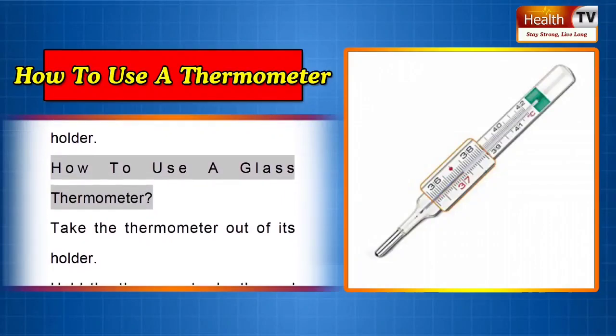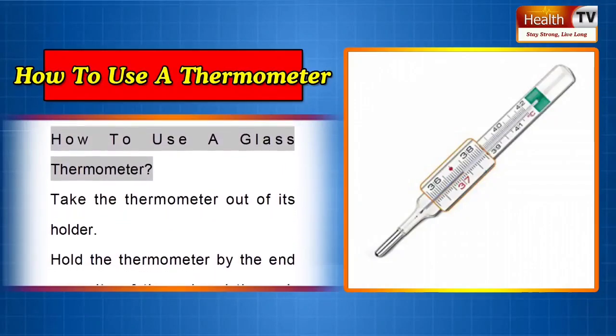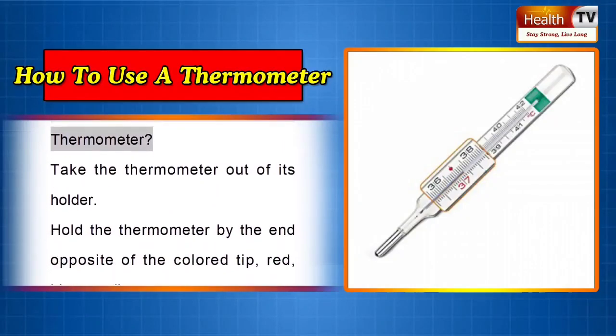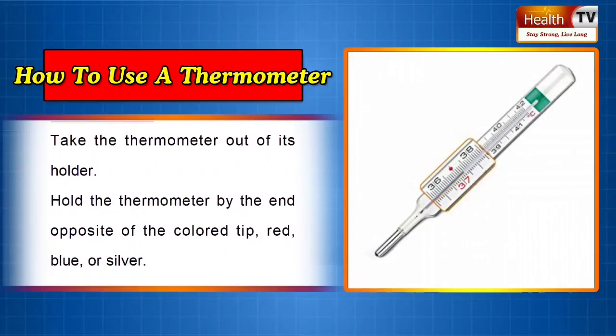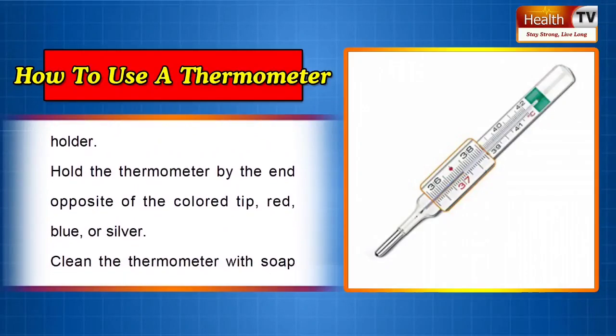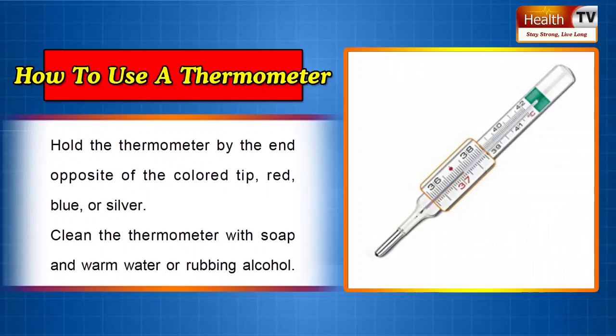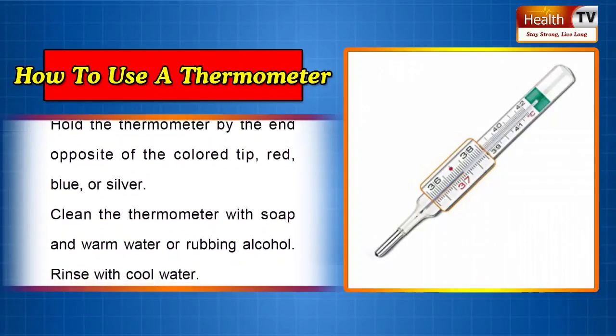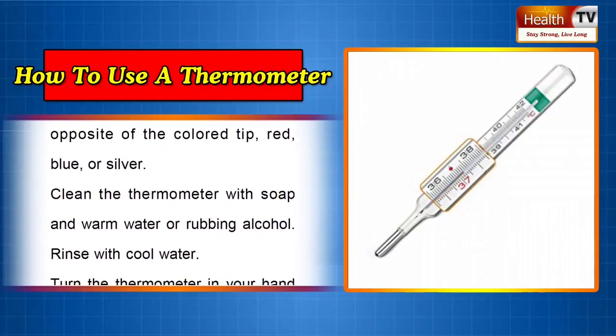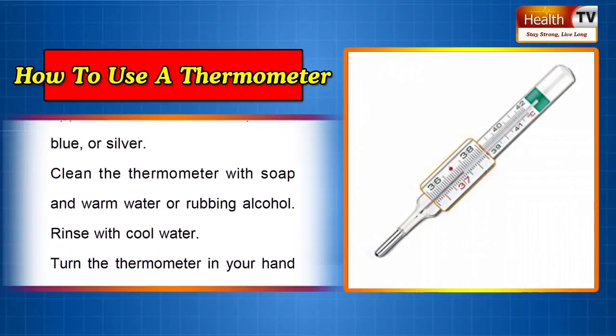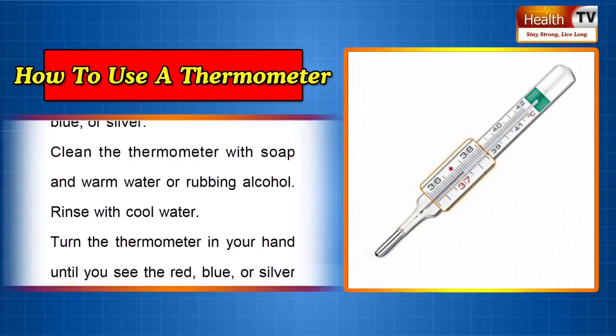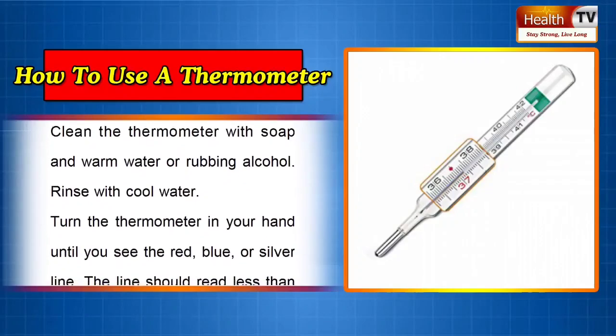Take the thermometer out of its holder. Hold the thermometer by the end opposite of the colored tip, red, blue, or silver. Clean the thermometer with soap and warm water or rubbing alcohol. Rinse with cool water. Turn the thermometer in your hand until you see the red, blue, or silver line.